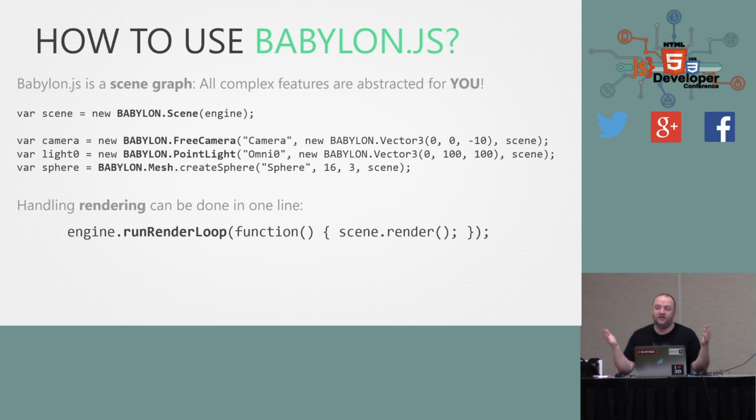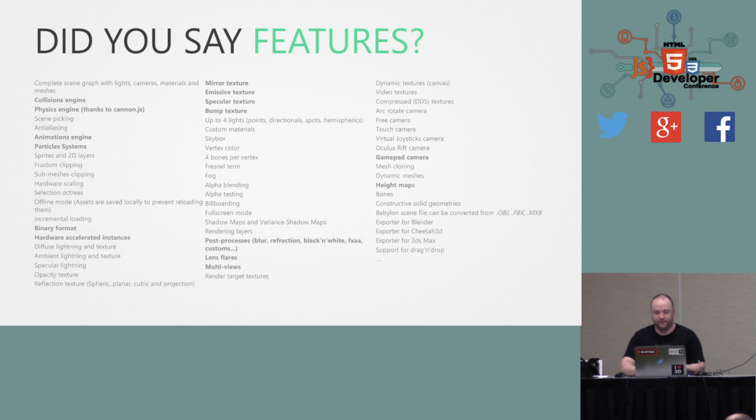Then it's a scene graph, so you will deal with camera, light, meshes, 3D object if you wish, and because we are dealing with 3D, you have to be able to deliver a maximum frame per second. And this specific job is handled by this small function, run render loop.